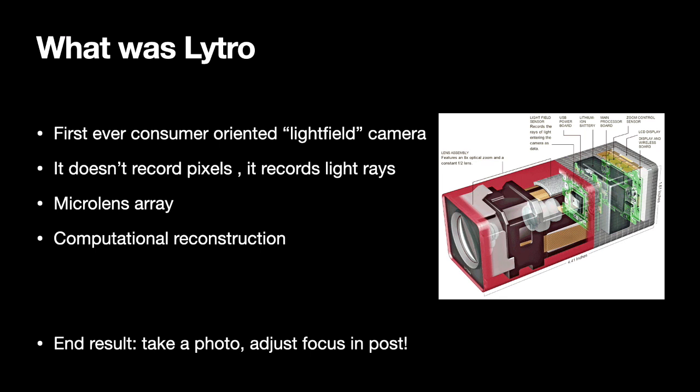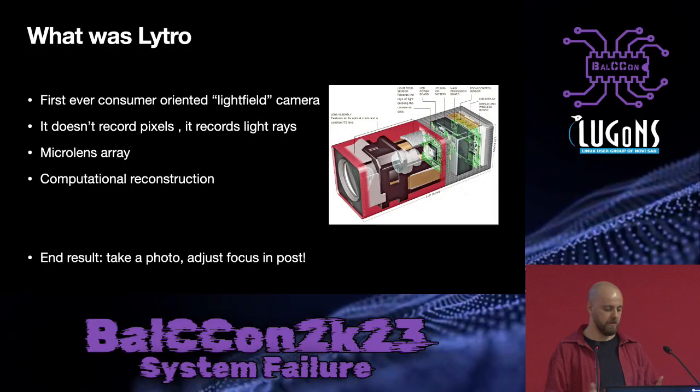When recording that light field, instead of just pixels, you can computationally interpret that data and generate a different image. The result of which is that you can take a photo, record that light field, and you can change focus in the post. So you can take a photo and then decide where the focus of the photo is.